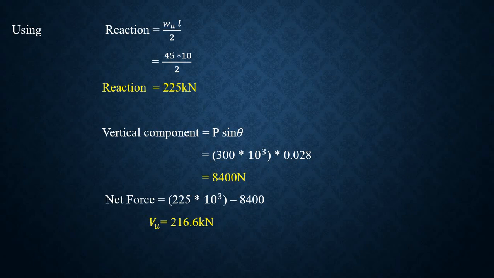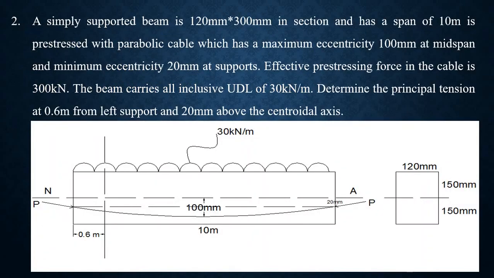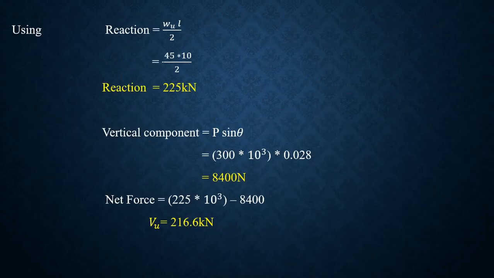Why it is 45: while designing, we should take a factor of safety for concrete as 1.5. So 30 into 1.5 will give you 45 into 10 by 2.